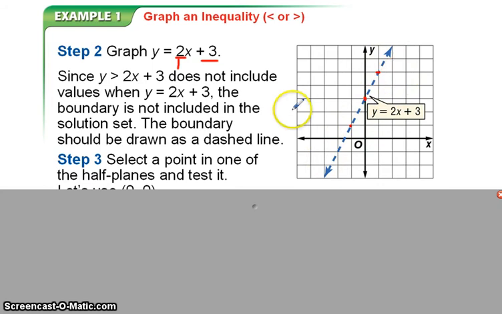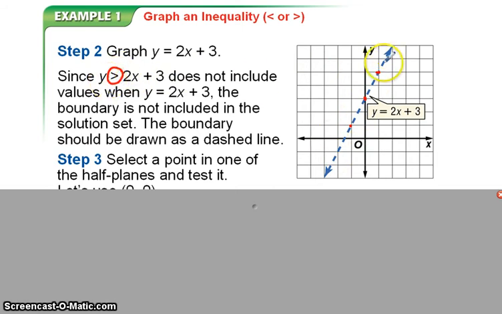However, we have to be careful. This is one of the differences with graphing linear inequalities. You can see that it's a dotted line. And this is your first vocabulary word. This is your boundary. This line is your boundary. And it's dotted because if you look at our inequality sign, it's just greater than.